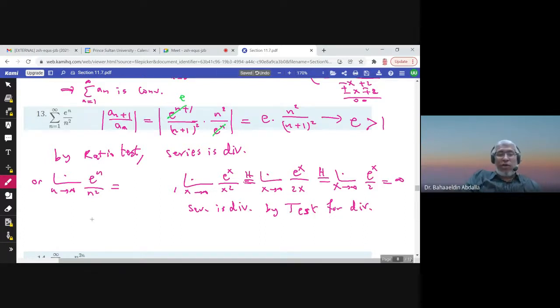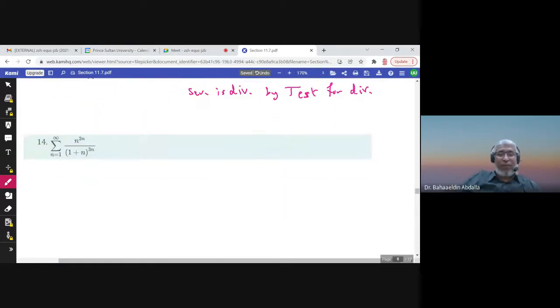Both methods are correct. Here I have nth power, so I will immediately think of the root test. If I take the nth root of absolute value of a_n, I'll get n squared over 1 plus n to the power 3.